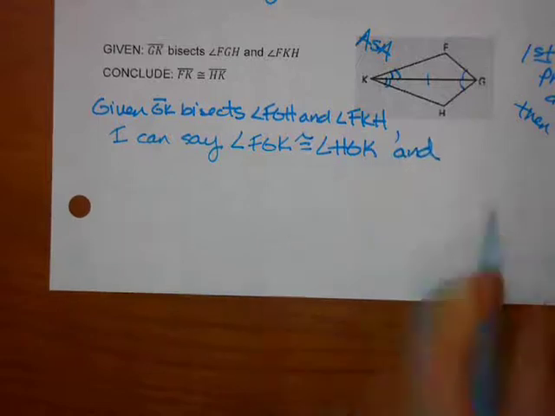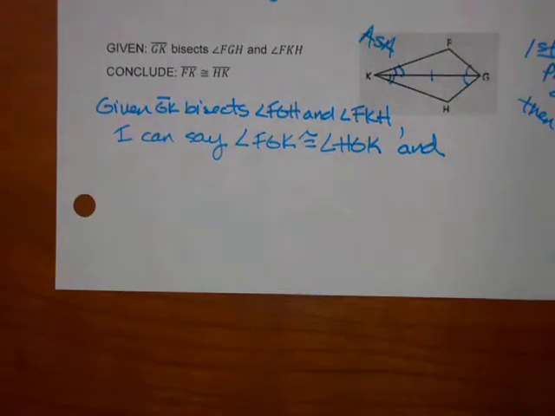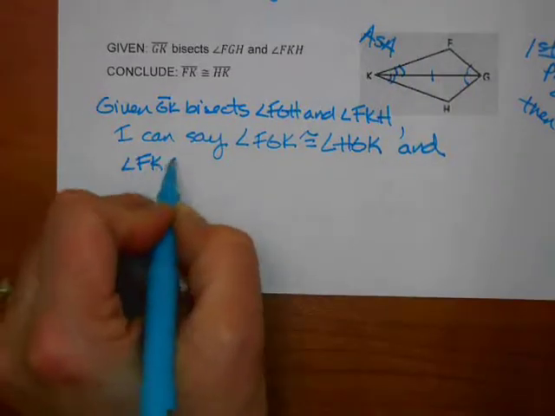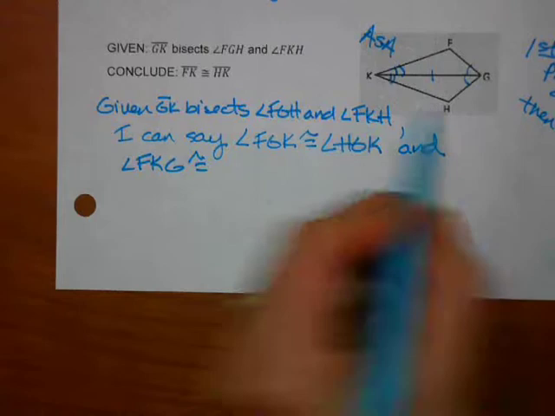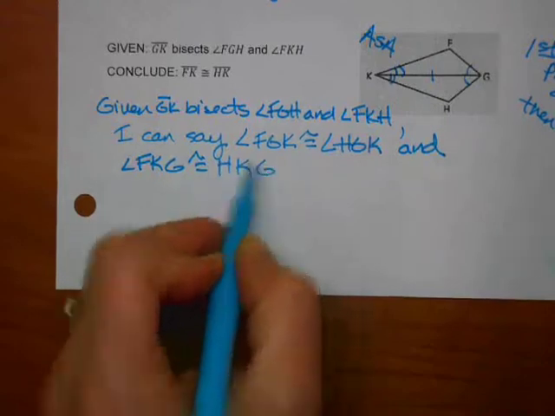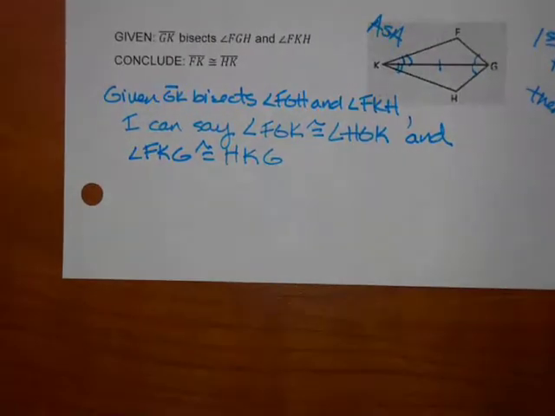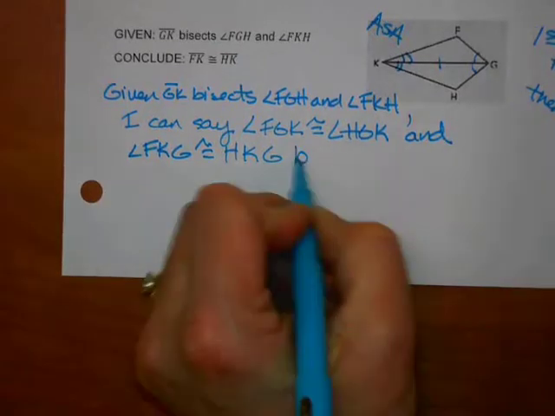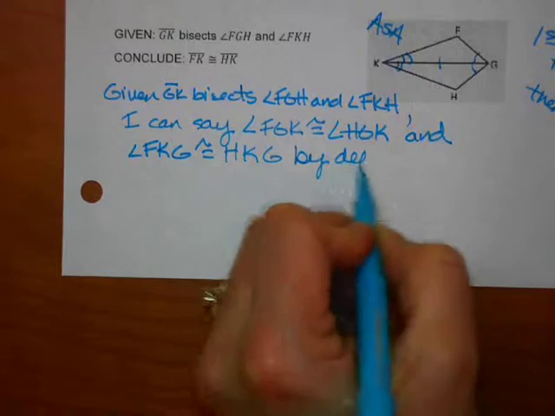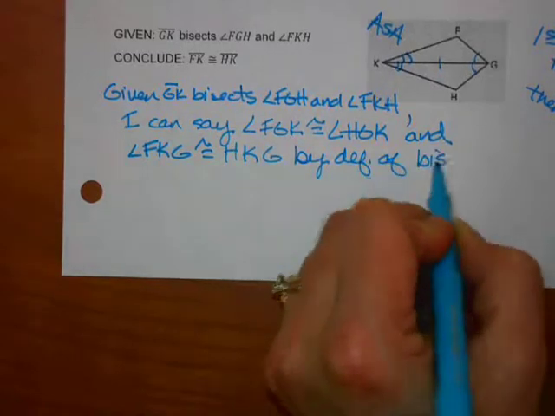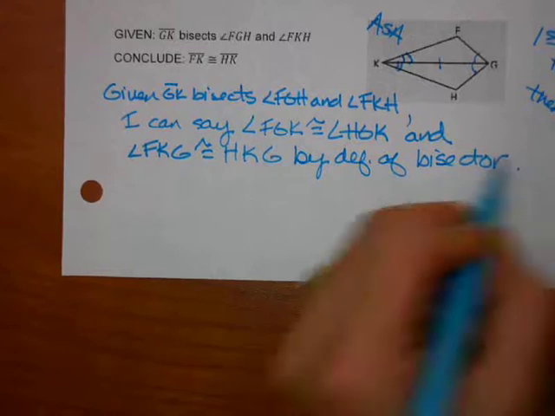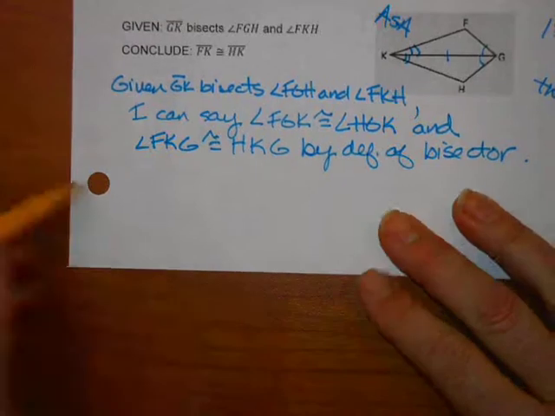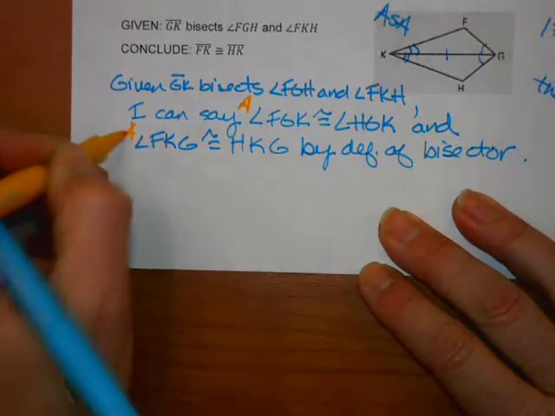and angle FKG is congruent to angle HKG. Why can I say that? No, not CPCTC, not yet. By definition of bisector. Okay, just to keep myself straight, I know that I've proven the angle and I've proven the angle here.